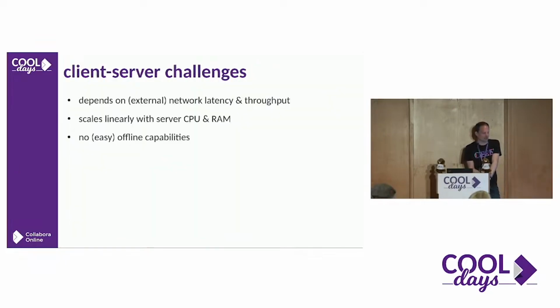So perhaps client server sometimes poses some challenges because you depend on external network latency and throughput, and sometimes there's a tunnel, sometimes there's an airplane, and sometimes there's wireless connections that have fun aspects when they bundle packets, and it's all a bit messy. The other thing, it scales linearly with the server and CPU.